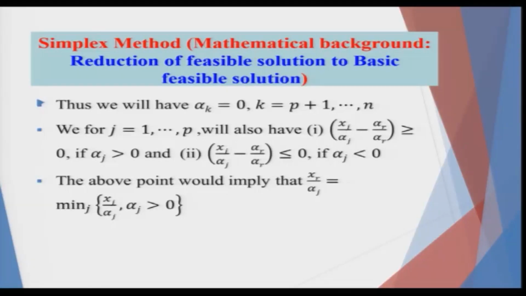Thus, when the whole process ends, remember for the basic feasible solution, the variables which were 0 remain 0, because the multiplying factors for alpha k's, k equal to p plus 1 to n, are all 0. So, any pre-multiplication, post-multiplication, addition, subtraction would result in the value 0, because they remain the same.